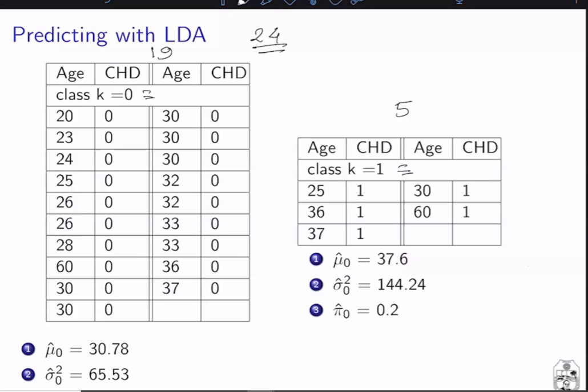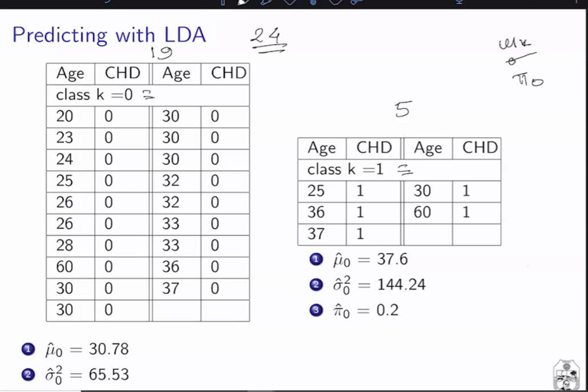And now for this grouping, I need to calculate mu k, which is nothing but the average, then sigma, which is nothing but our variance, and the probability pi 0.